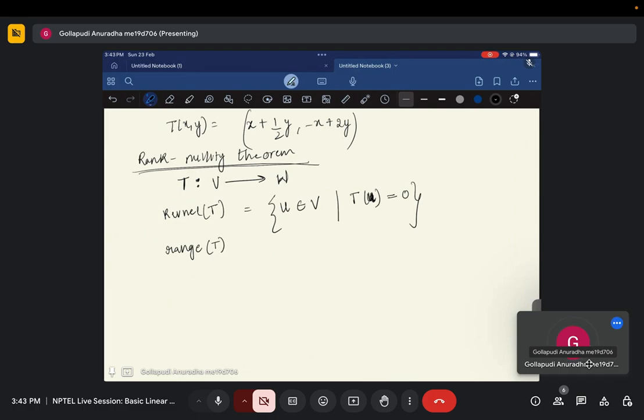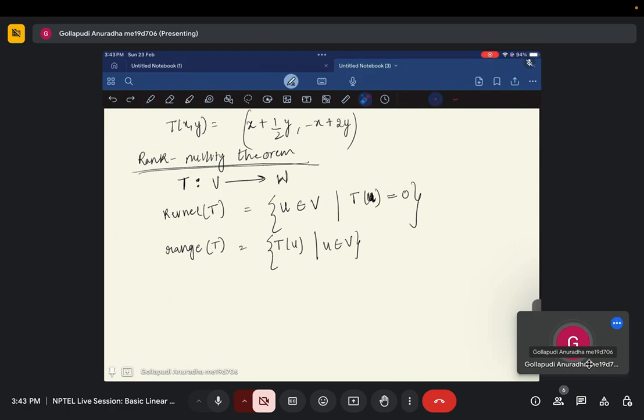And the range of T is the set of images. Whatever transformations you are doing and getting on the vectors in the W vector space, that is going to give the range.